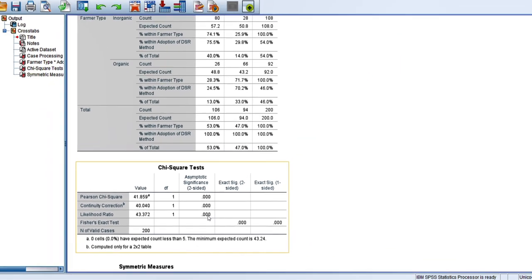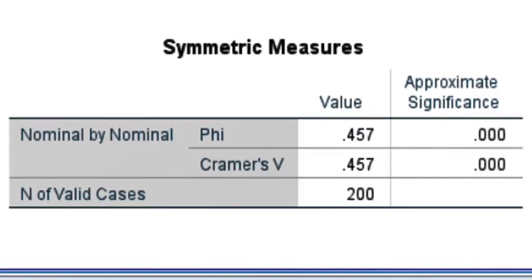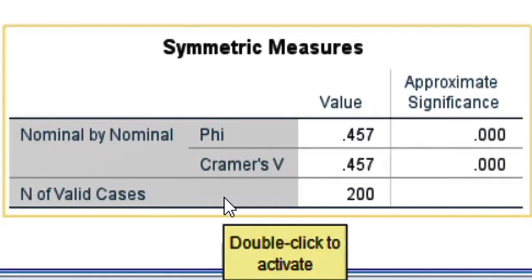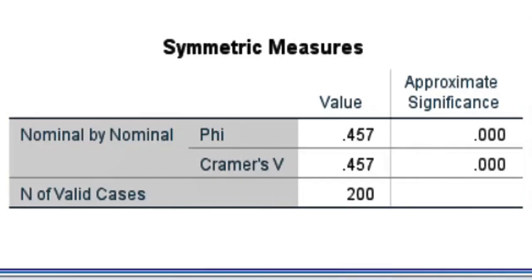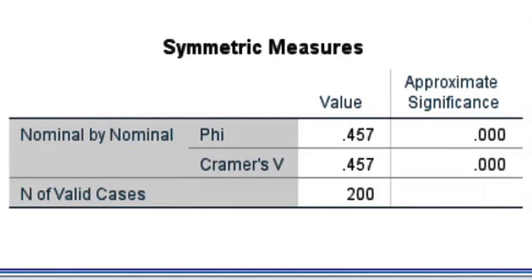Now, suppose I want to know the degree of association, we will use Phi and Cramer V test. Both Phi and Cramer V test indicate degree of association between the two variables. In this example, Phi and Cramer V value is 0.457, indicating a moderate relationship between farmer type and direct seeded rice cultivation method adoption.